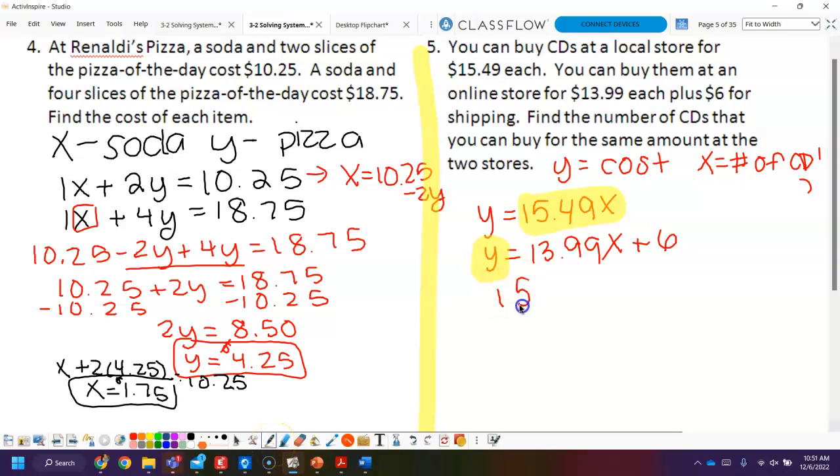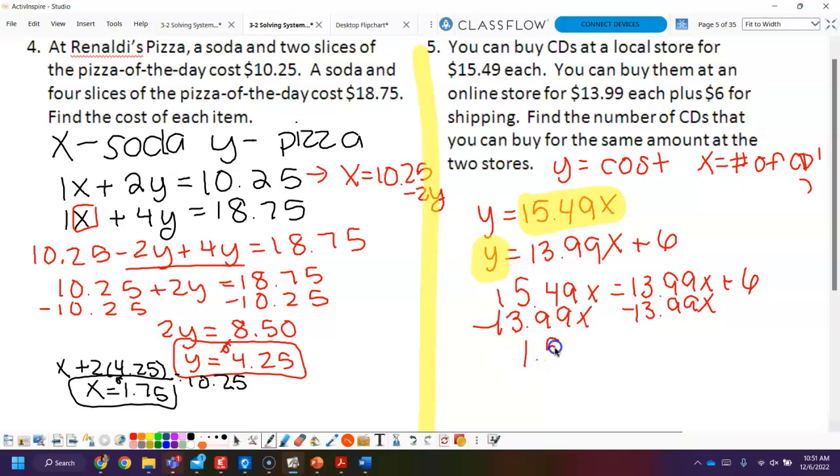So 15.49x equals 13.99x plus 6. Subtract 13.99x away. So $1.50x equals 6. Divide both sides by $1.50.